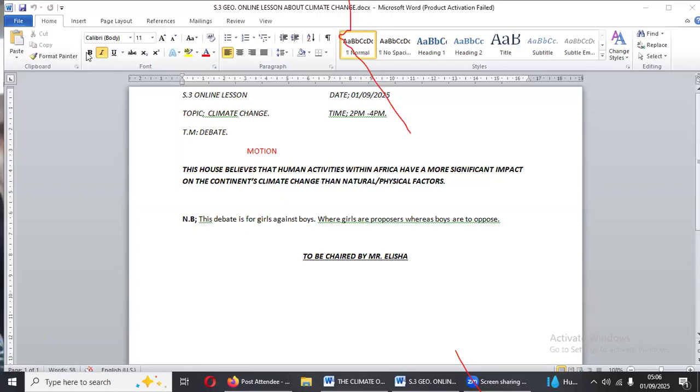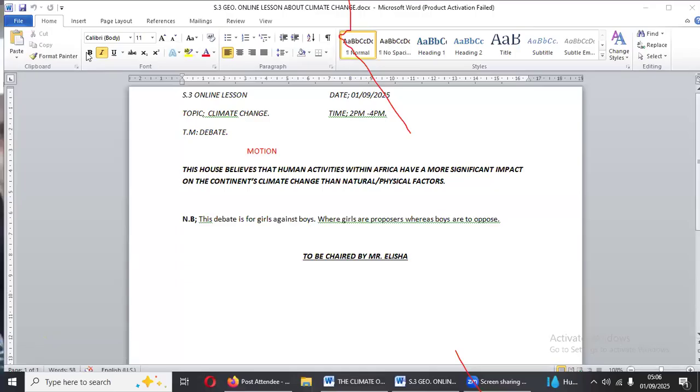For example, the previous speakers said that the issue of urbanization is a minor issue. It is minor as compared, for example, to volcanic activities. Can you control volcanic activities? No, you can't.